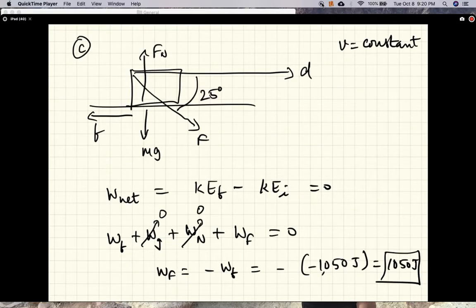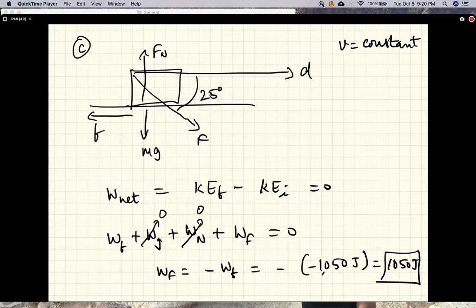We already stated it. From the net work kinetic energy theorem, since the kinetic energy does not change, the net work done is 0, which is what we used in part C.